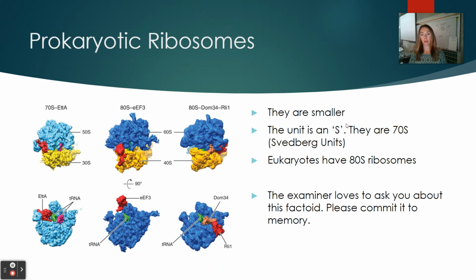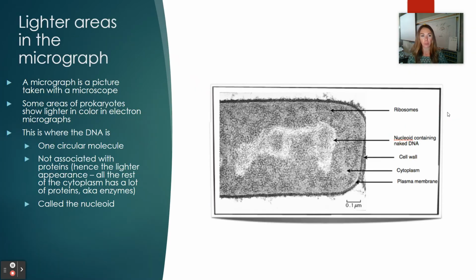The unit they're measured in is a Svedberg unit, named after the person who discovered it. Prokaryotes are 70S versus the eukaryotes at 80S. Just commit that to your memory and put it in your notes. You do not need to draw any of these, but you do need to know that little factoid.